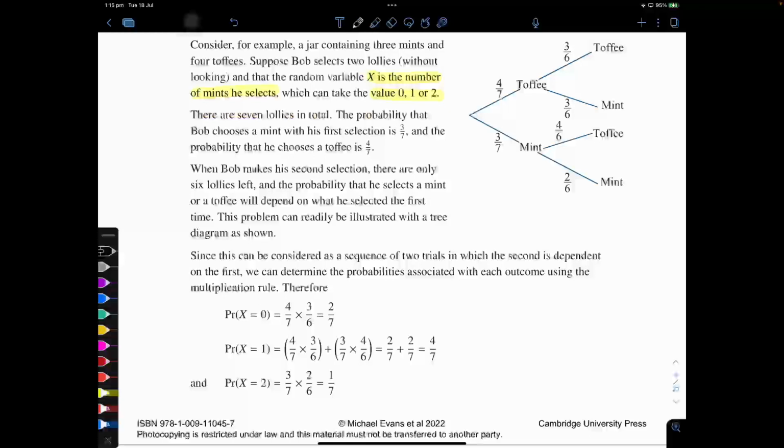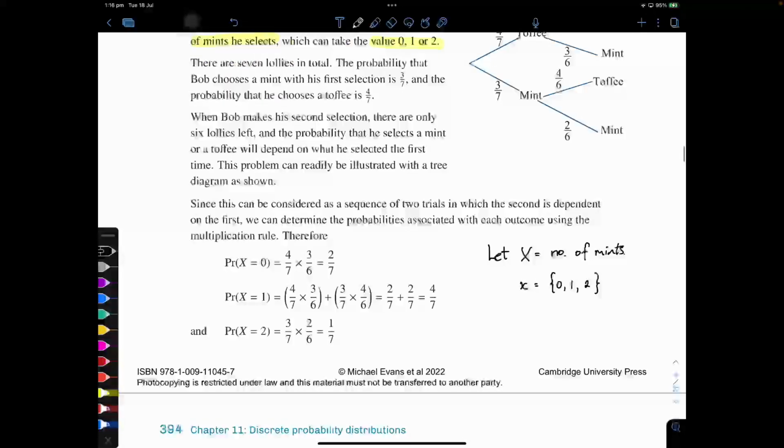So what I like to do is write that out on the side: x equals the number of mints, and these 0, 1, 2 are the values. Remember they're discrete values. That's why I use curly brackets, and it's a lowercase x because they are those individual values. I like to write that out as a preface every time you come across a particular worded question.